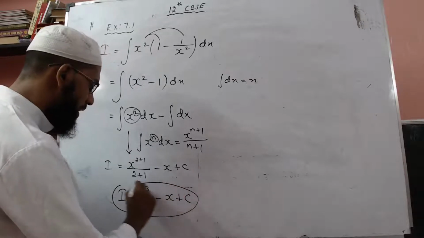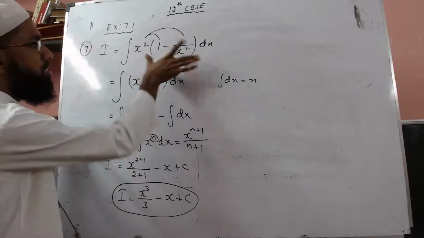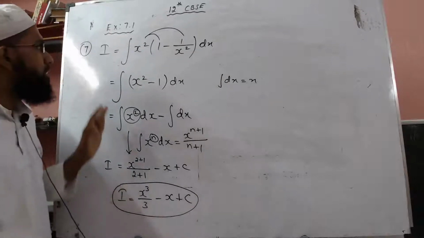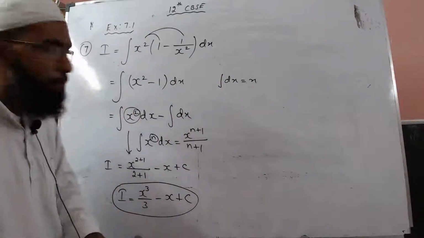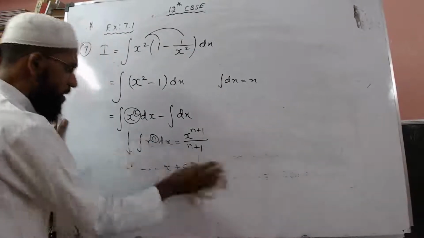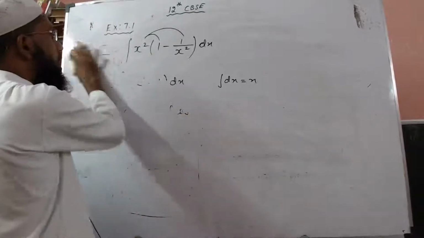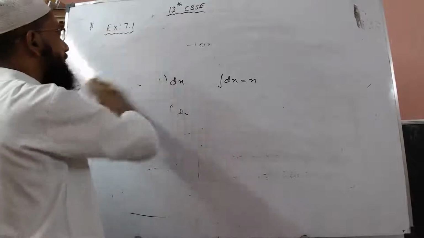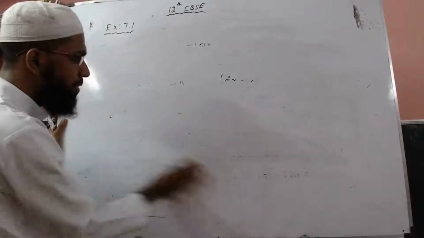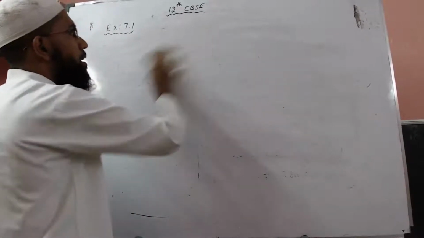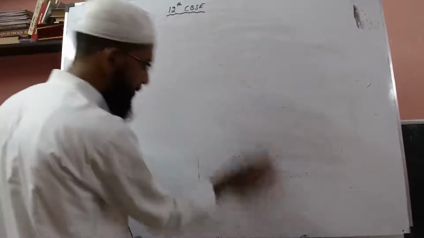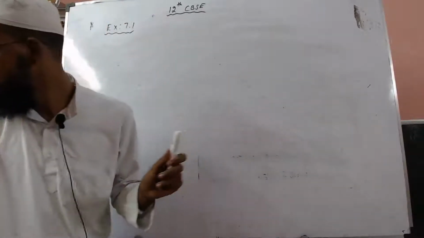This is the answer for this integral, right? So that's it with the 7th sum. Now we will move on to the next sum. Exercise 7.1 is very simple. We don't have any complicated methods here. We go with basic integration, using some simplification to make it simple.